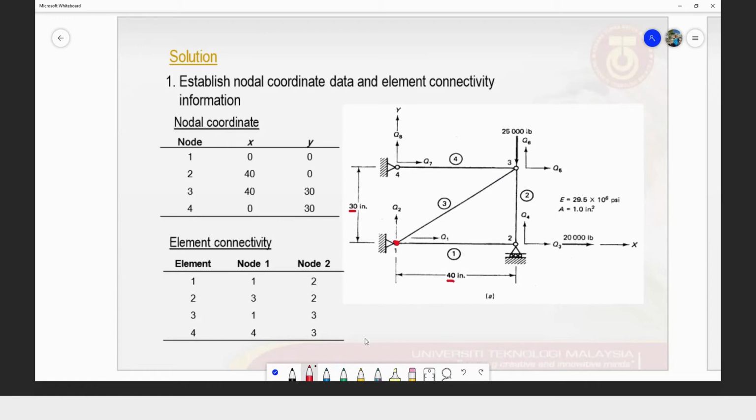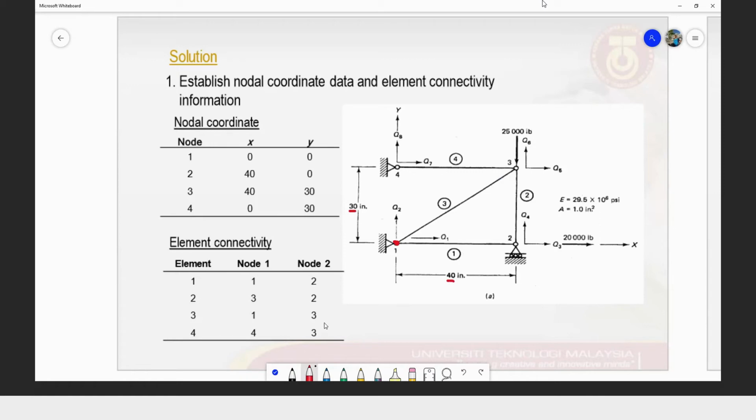Before this, when we discussed the 1D bar problem, we had to develop the element connectivity table, but our elements were connected point by point. It had a continuity connection between elements. But in this case, there is no continuity connection between the elements.